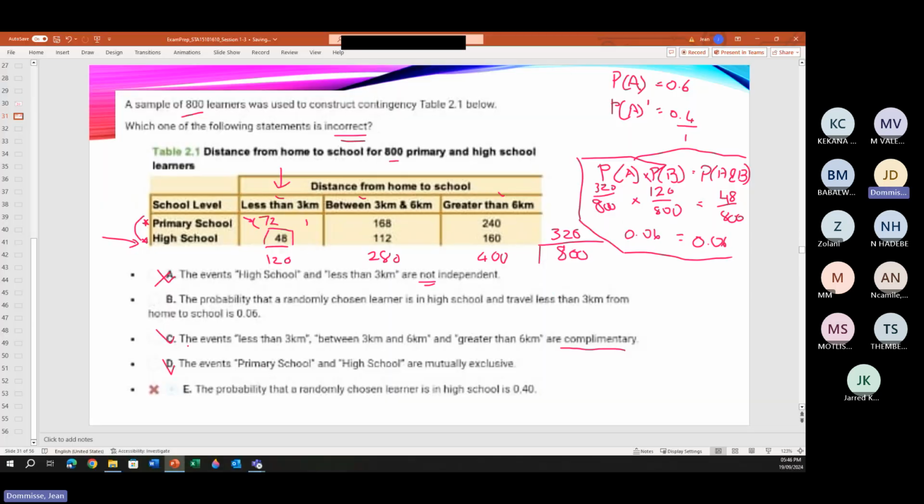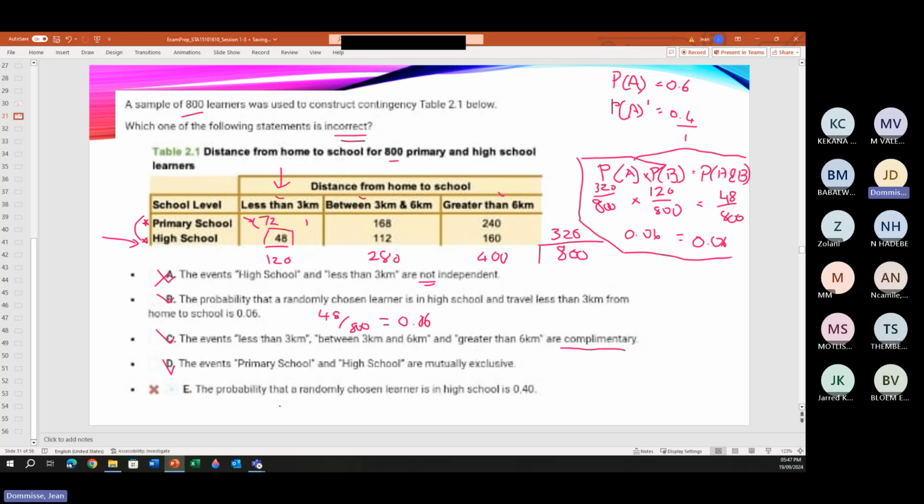Okay, but let's also just check the others. The probability that a randomly chosen learner is in high school and travels less than 3 kilometers from home is, okay, so that we actually worked out, 48 divided by 800 is 0.06.